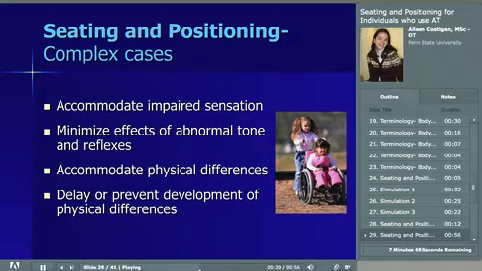While the rest of this introductory module will focus on the role of basic seating and positioning that addresses the goals of comfort, safety and stability, and function, it is important to recognize that individuals who require assistive technology may be prone to concerns with sensation, muscle tone, reflexes, and structural differences. In more complex cases, it may thus be necessary to consider these extended goals.